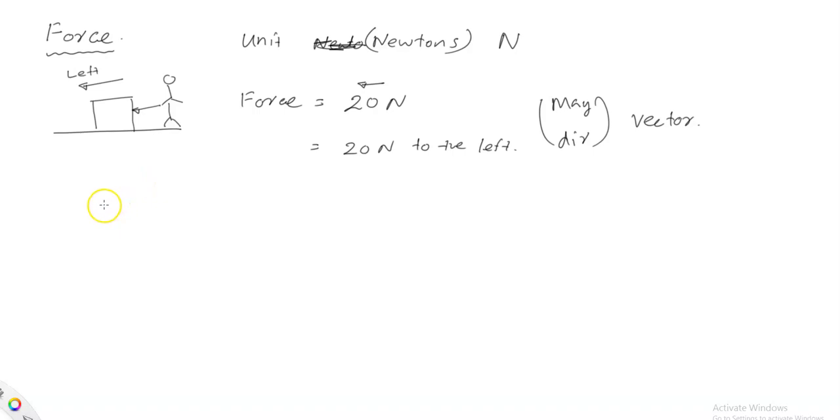Okay. Now throughout this discussion, I will be drawing a lot of diagrams to explain forces, and most of the time I will draw boxes like this, and we will be applying forces going to the right or the left, trying to lift it.